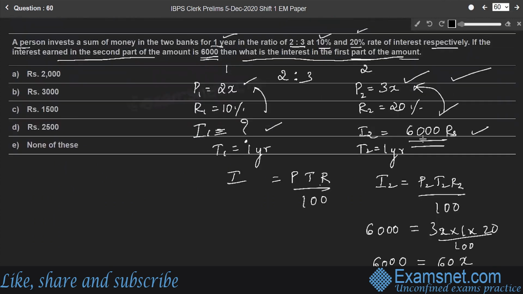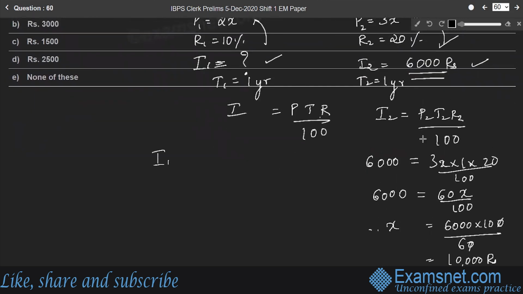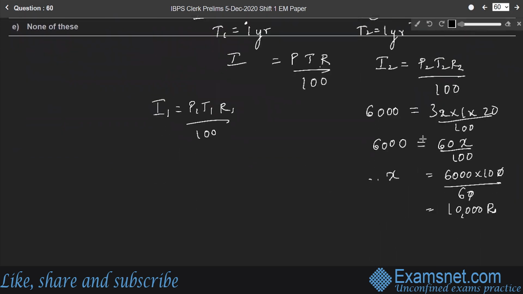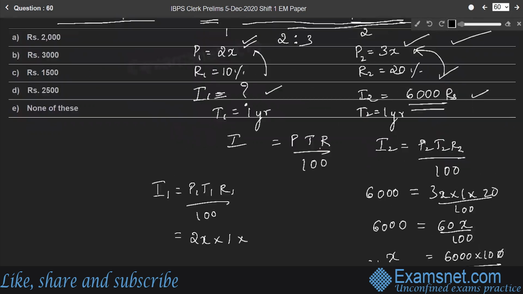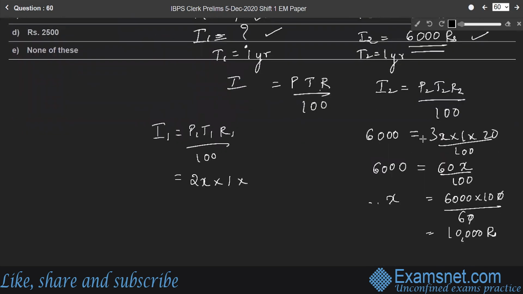Right? What is asked? Interest in the first part of the amount. So, I1 becomes P1 T1 R1 by 100. What is P1? Principal in the first bank is 2x, time is 1 year. R1, the rate of interest, is 10% here, which is 10 by 100.